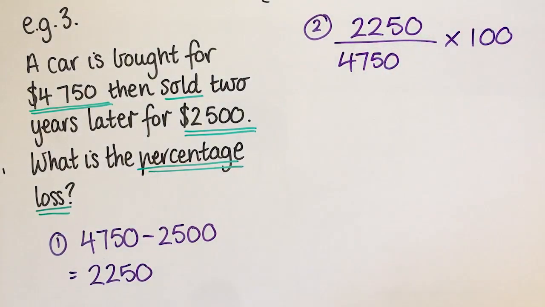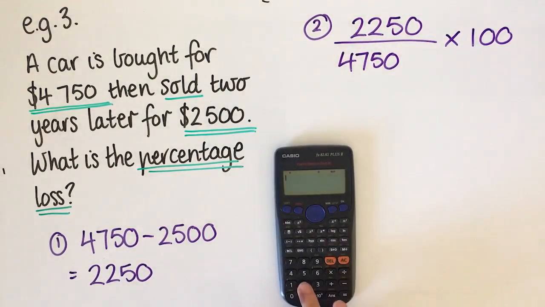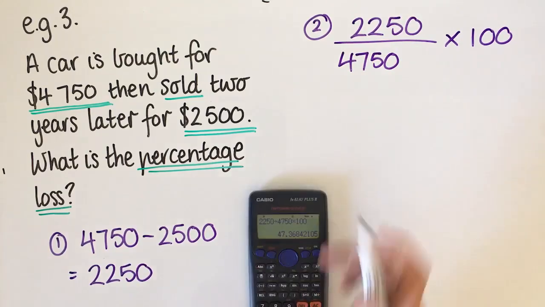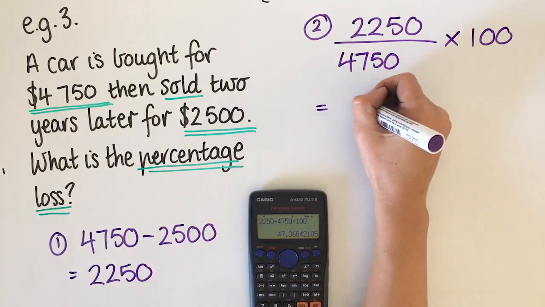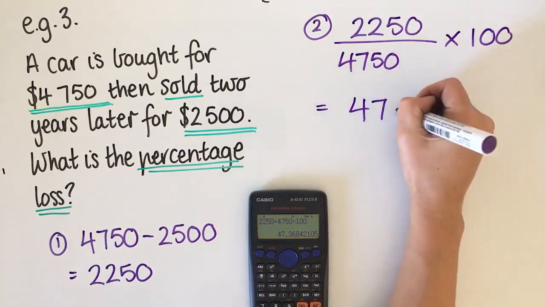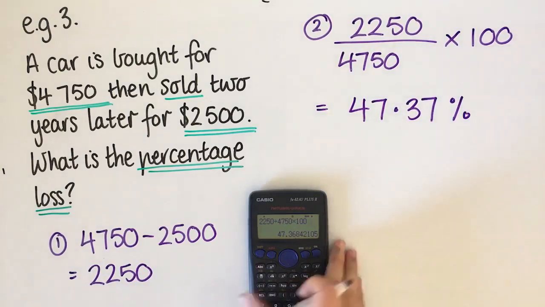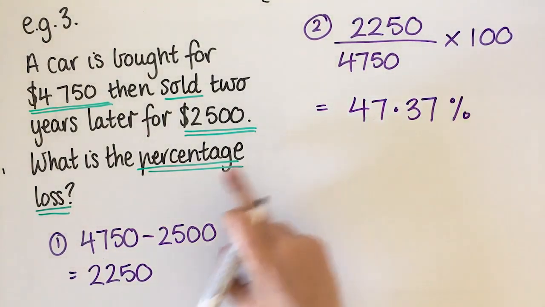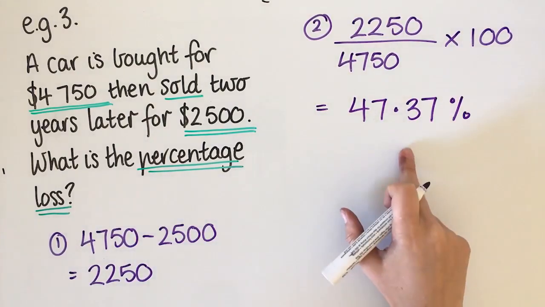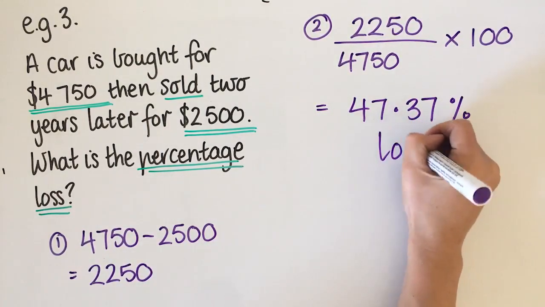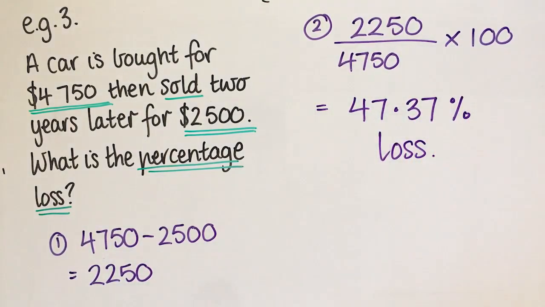On the calculator, I'm going to go 2,250 divided by 4,750 times 100, and that's going to give us 47.37%.